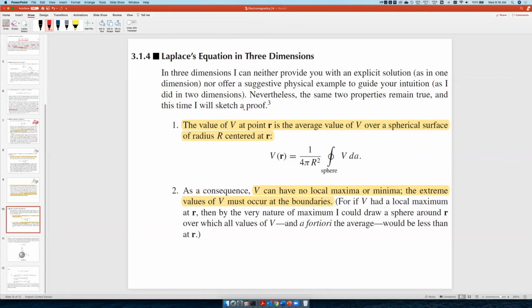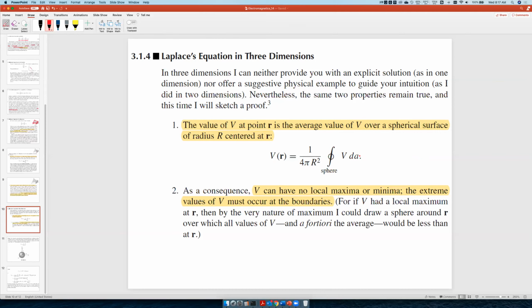And the first feature is that the value of V at point r is the average value of V over a spherical surface of radius r, centered at r. So this is the integral of the value of potential over the surface.